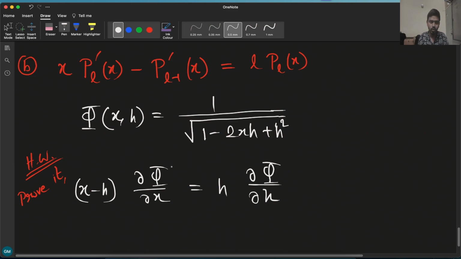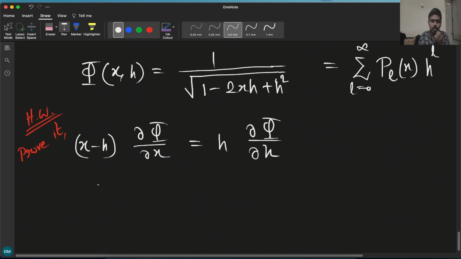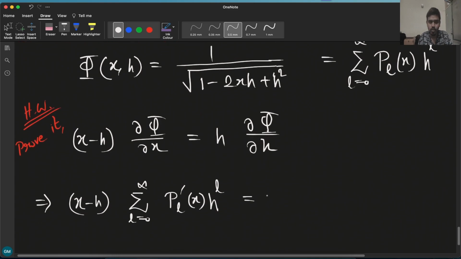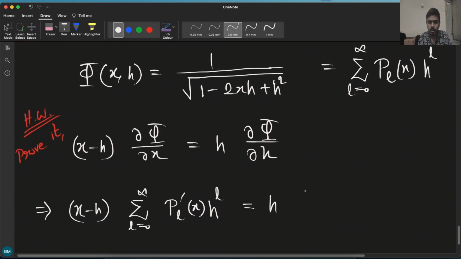While proving it, you need to consider phi as this. Once you show it, I will replace phi by the sum of P_L(x) h to the power L, from L equals 0 to infinity. Then this term will be (x minus h) del phi del x, that means the sum over L equals 0 to infinity of P'_L(x) h to the power L, equals h times del phi del h.